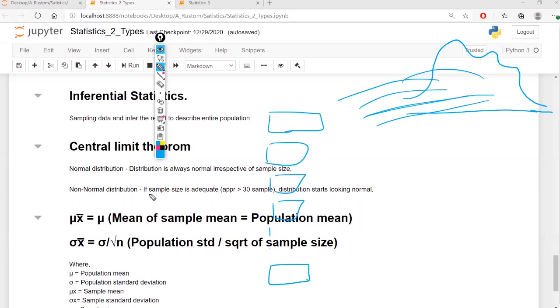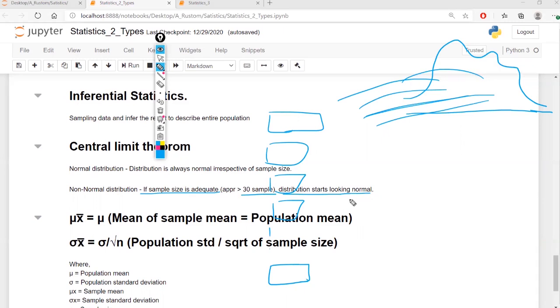When can I say a sample size is adequate? The guideline says that if the sample size is greater than 30, then we can say it's adequate. If you take an adequate sample size, then the distribution starts looking normal.